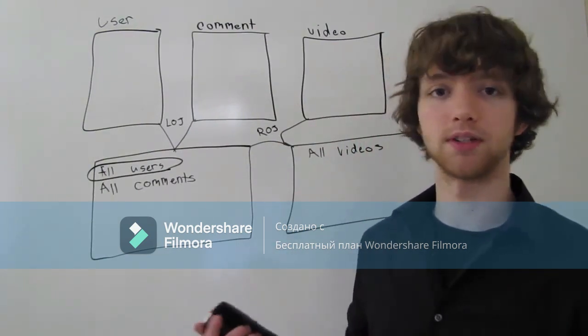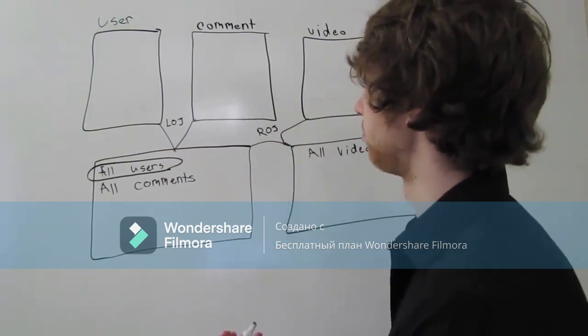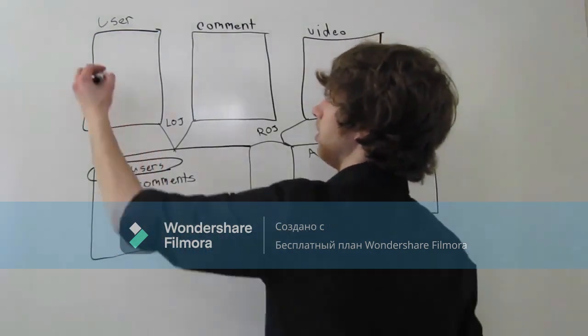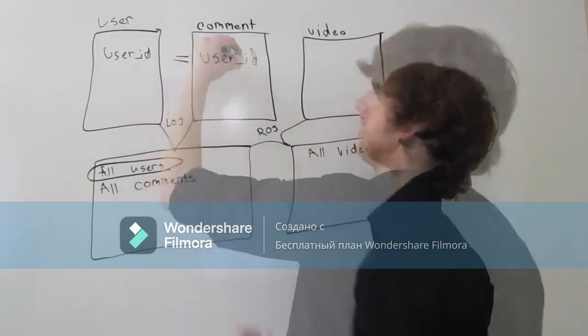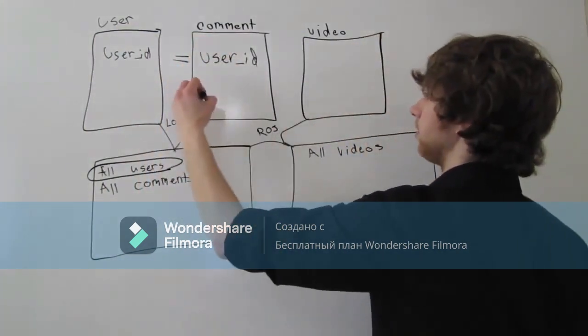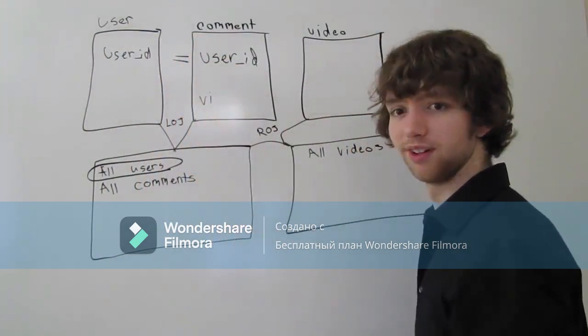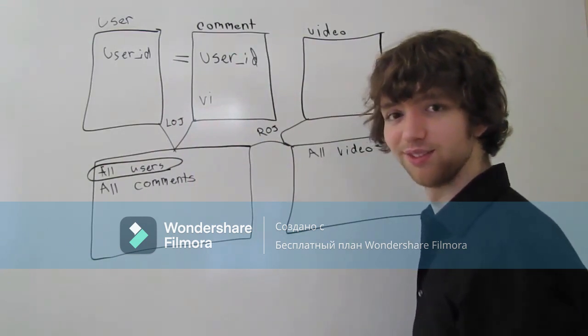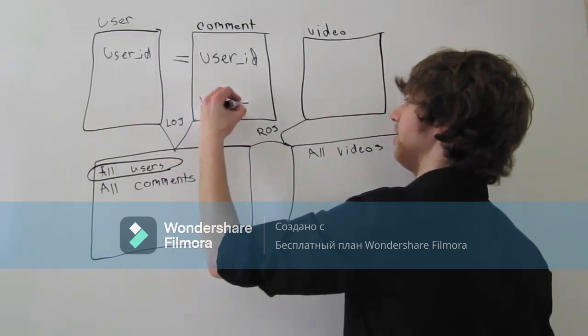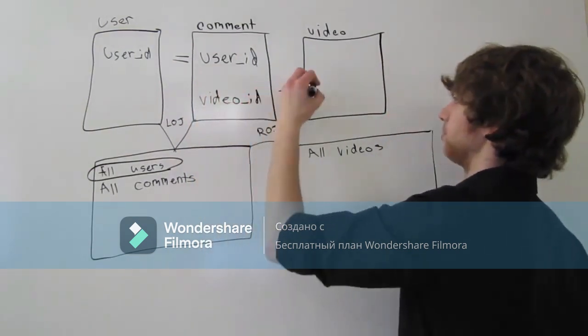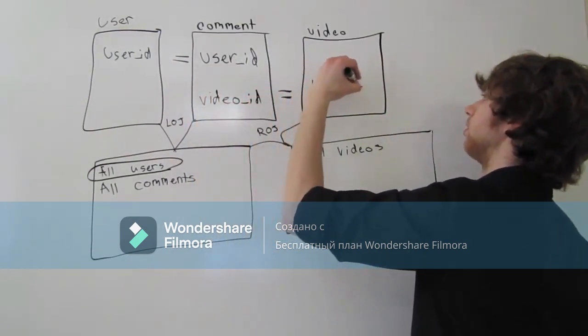So think about the join statements here. We'll likely have something where it's like user ID over here is equal to the user ID over here, and then we'll have it to where it's a video ID over here, and that's equal to a video ID over here.